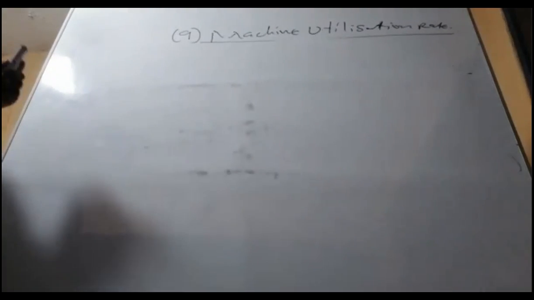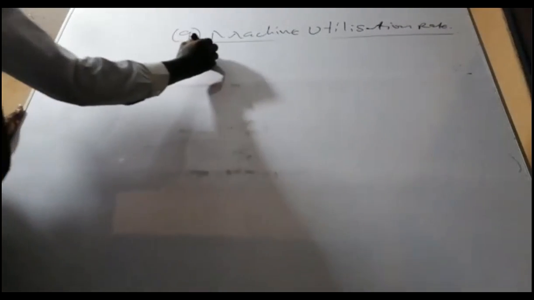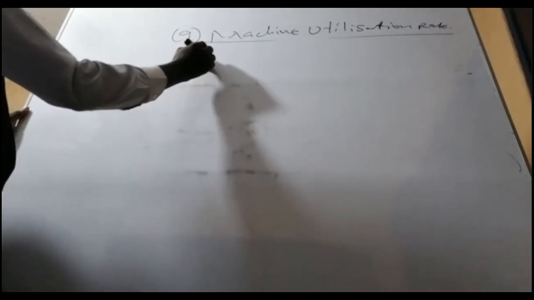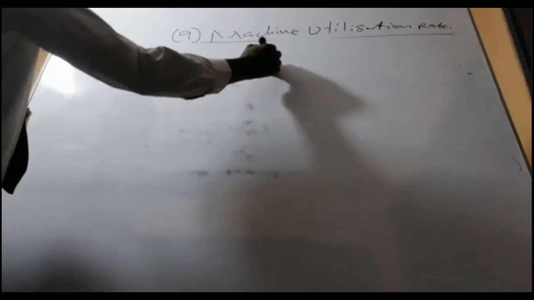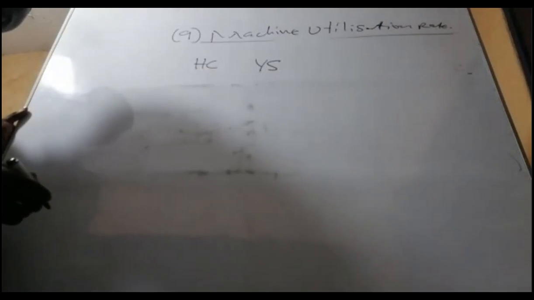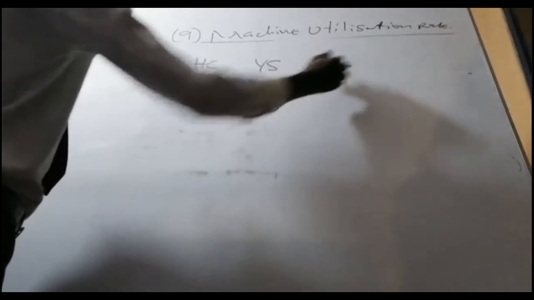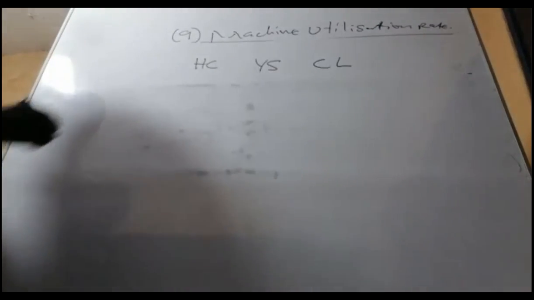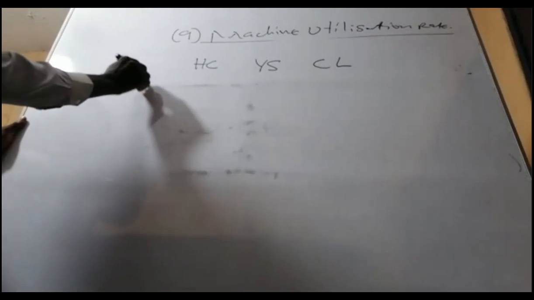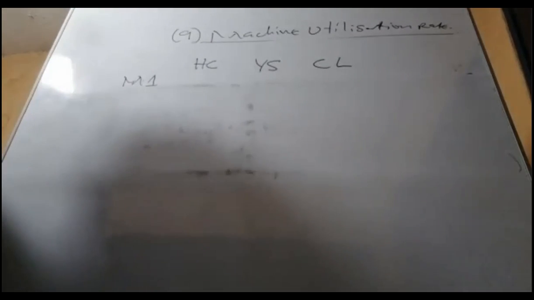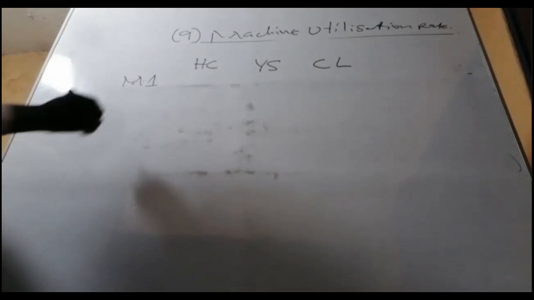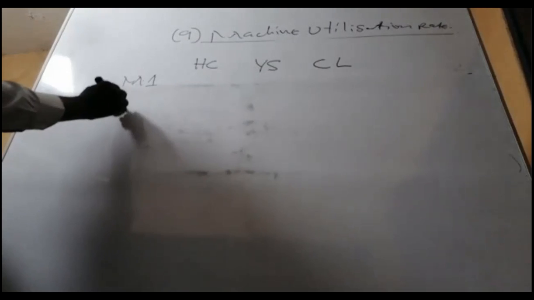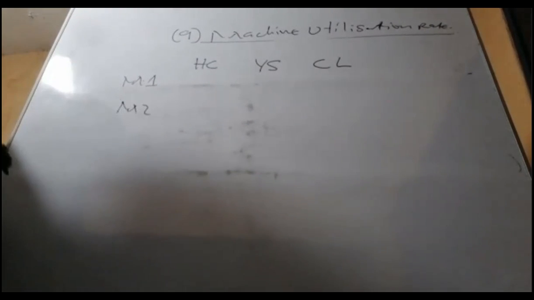So first product HC, YS, and then CL. Great. So we start with machine type 1, then machine type 2.